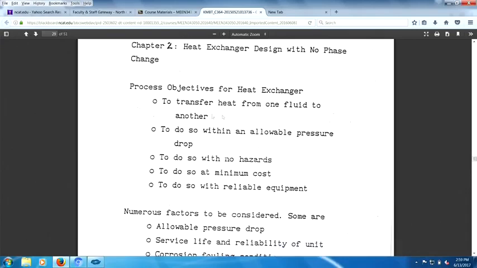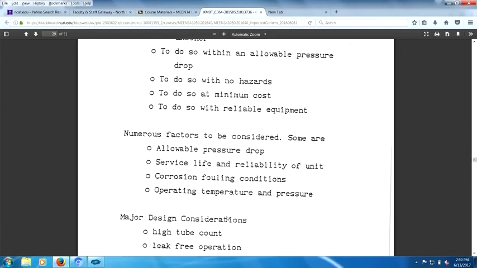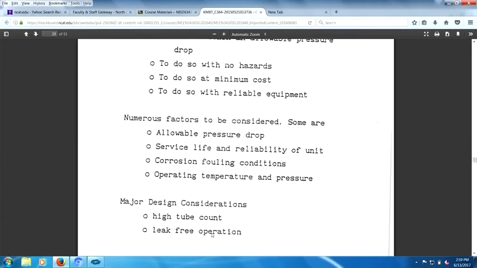Well, you're transferring heat from one fluid to another, allowable pressure drop, no hazards, minimum costs, reliable equipment. Numerous factors to be considered are service life and reliability of the unit, fouling and temperature, right? You want high tube count because that gives you a large heat transfer coefficient. You want leak-free operation.